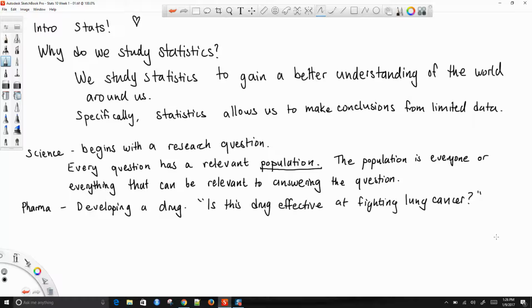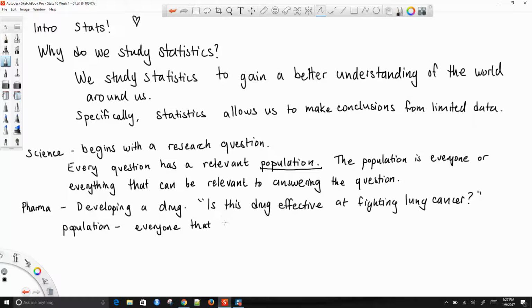So in this question, who is our relevant population? Things that can get lung cancer. Okay, so our population will be everyone, we'll say, that has lung cancer.